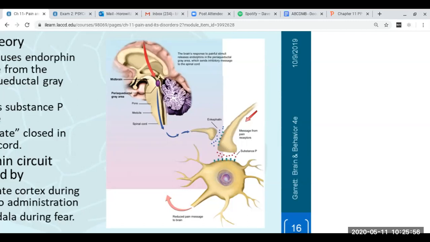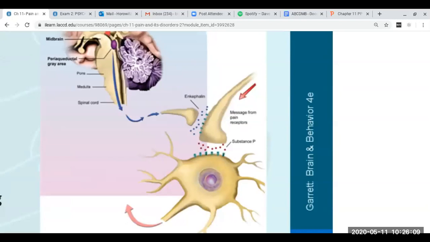There's that cerebral aqueduct and the periaqueductal gray around it. And so what it's doing is sending inhibitory messages and inhibiting, as you see down here, substance P and things like that. So we are getting less pain in this area. And this actually can be administered as a placebo because the cingulate cortex can signal the same thing.